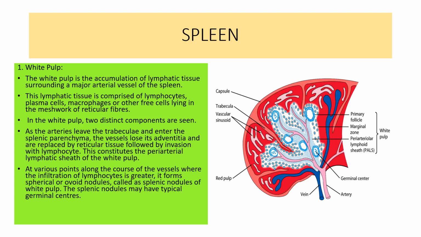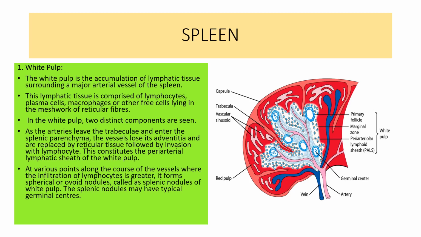As the arteries leave the trabeculae and enter the splenic parenchyma, the vessels lose their adventitia and are replaced by reticular tissue, followed by invasion with lymphocytes. This constitutes the periarterial lymphatic sheath of the white pulp.